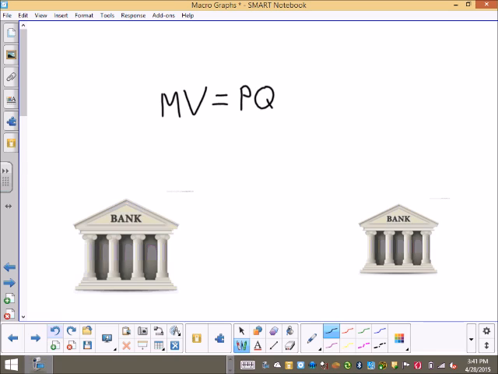What is this? This is the monetarist idea. What this means is that the amount of money times the velocity of money equals the price level times the amount of output, which is GDP. So here's our price level. Here's our real GDP. This is the velocity of money, and here's the amount of money.